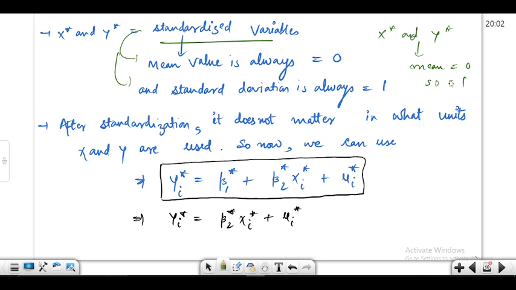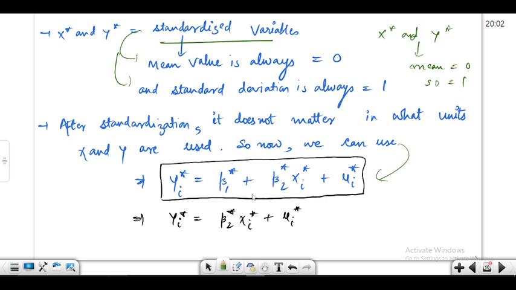After standardization, it does not matter in what units x and y are used because they become unit free. So now we can use this regression equation. yi star is the standardized y variable, xi star is the standardized x variable, and beta 1 hat and beta 2 hat are the standardized forms of your regression coefficients.